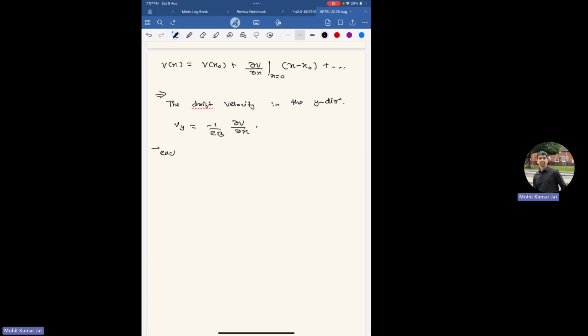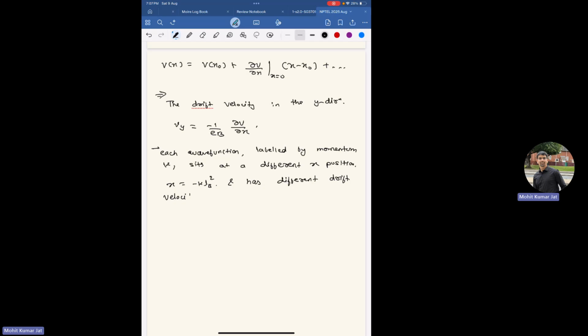And we know that each wave function labeled by momentum k sits at a different x position, and that x we also know is minus k lB square, and this we have solved in the previous class, and it has a different drift velocity.